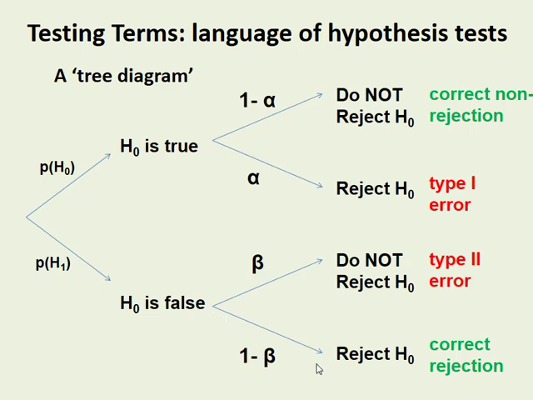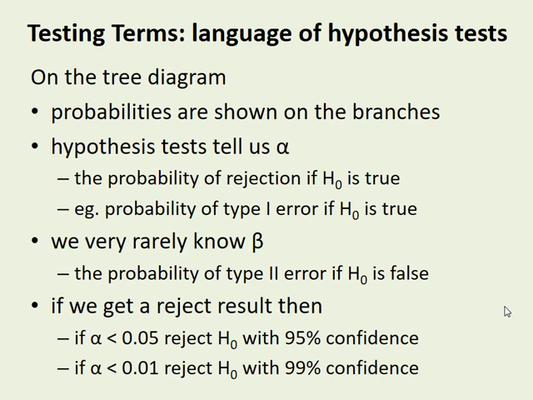Now, all tests are going to tell you the alpha. That's basically what you get from the results of your test most of the time. Alpha is the probability of rejection if H0 is true. In other words, the probability of making a type 1 error if H0 is true. Unfortunately, we very rarely know what beta is, which is the probability of making a type 2 error if H0 is false.